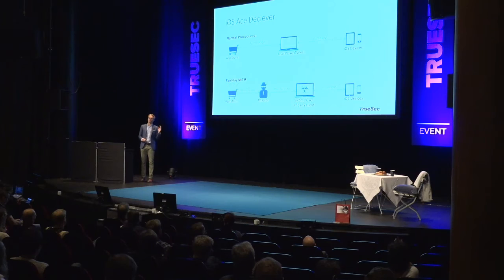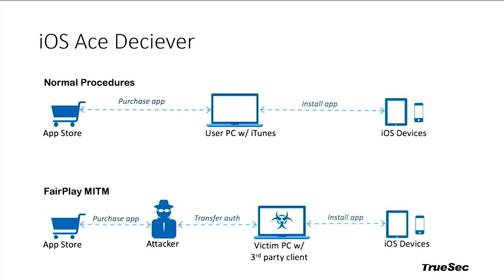And if they have authorization codes for installing that on additional devices, they can still, through malicious software on a PC or a Mac, provision that application over to a mobile device. So that application no longer has to be in the App Store.